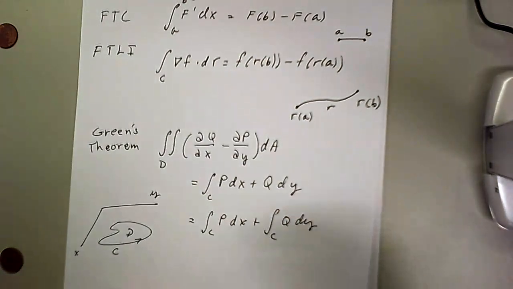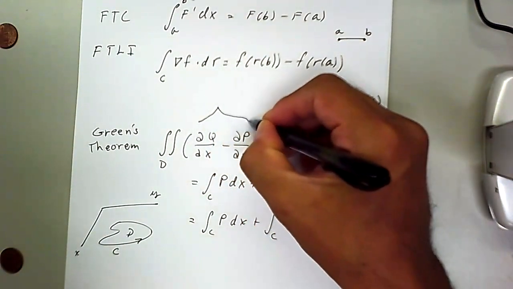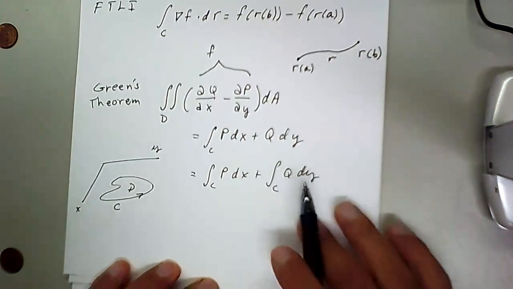So I guess we can label this as F. The output is one-dimensional.